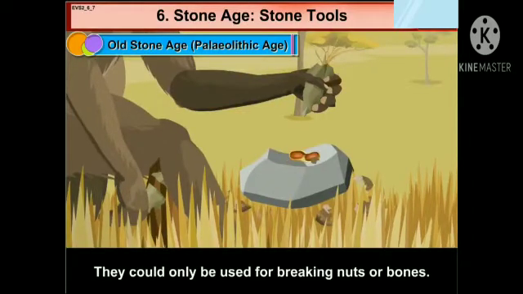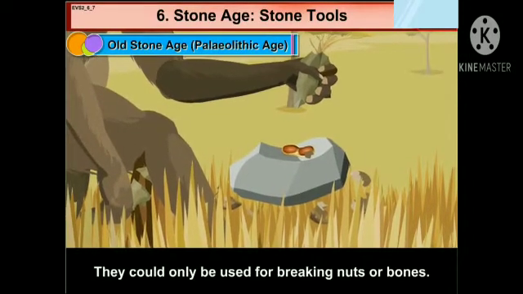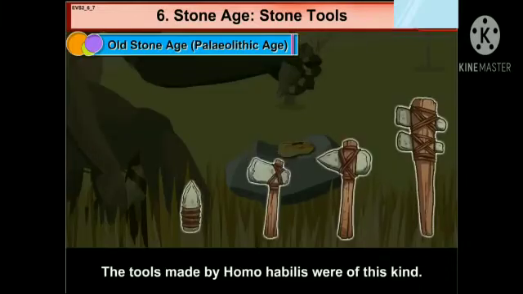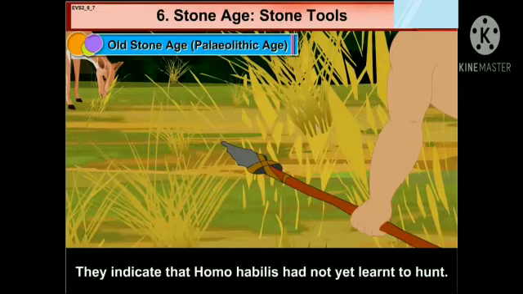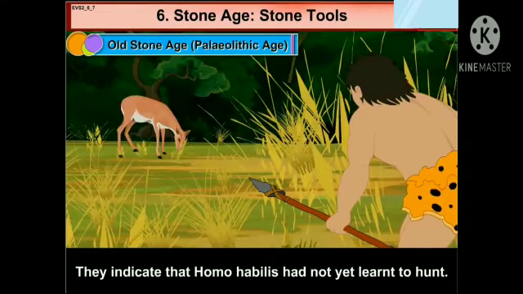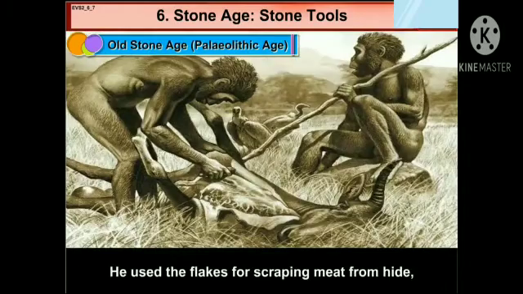They could only be used for breaking nuts or bones. The tools made by Homo habilis were of this kind. They indicate that Homo habilis had not yet learned to hunt. He used the flakes for scraping meat from hide.